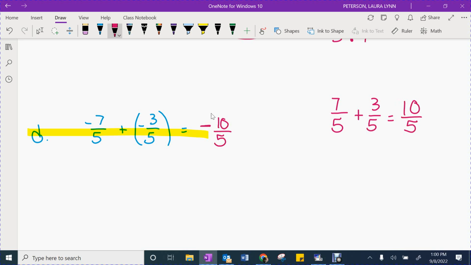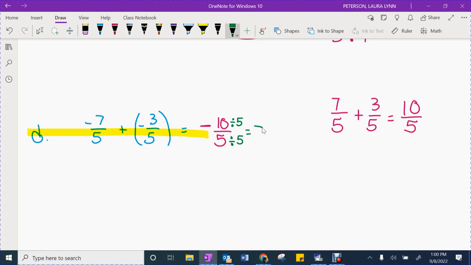You always have to simplify your fractions. And 10/5 can be simplified or reduced to actually a whole number. Let's just do normal simplifying. Let's find a number that we can divide from top and bottom. Looking at 10 and 5, I know that 5 is in common. So I can divide top and bottom by 5.